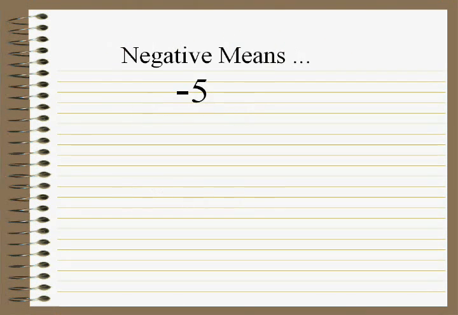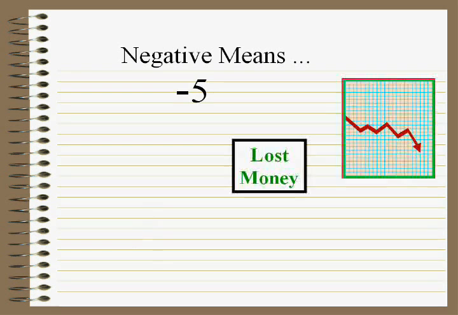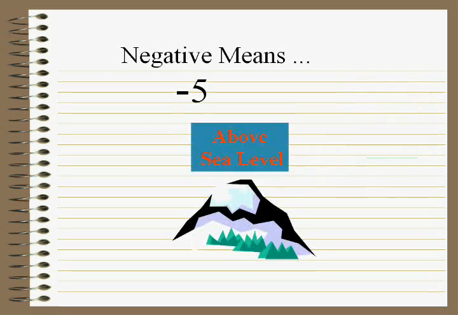Well, let's back up just a little bit and think about the word negative and the symbol negative. That symbol right there can be thought of as opposite, can it? Think about it. When do we use negatives? Not when you made money, but when you did the opposite, when you lost money. We don't use it when we talk about above sea level.